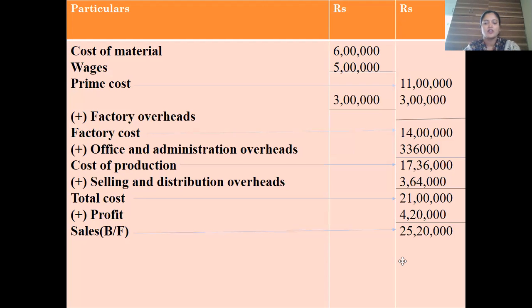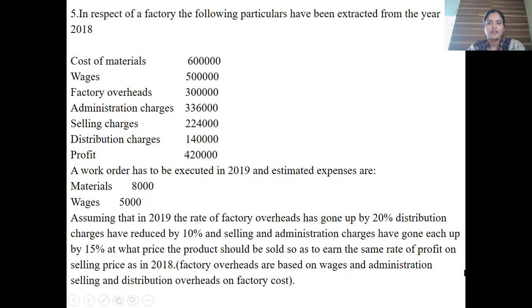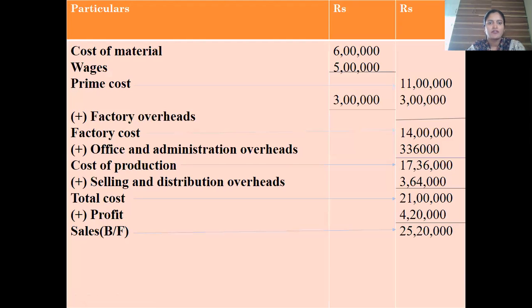And look at the wages. Wages is 5 lakhs. We have taken the materials and the wages. So how much are you going to get? The total of these two, because the expenses they have not given here. So 6 lakhs plus 5 lakhs is 11 lakhs. So the total of the prime cost is 11 lakhs.